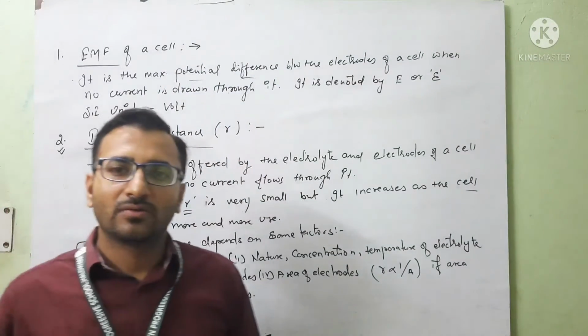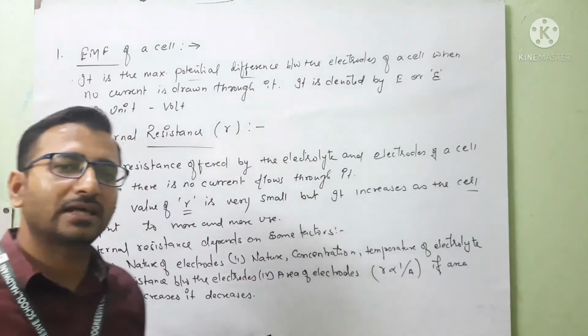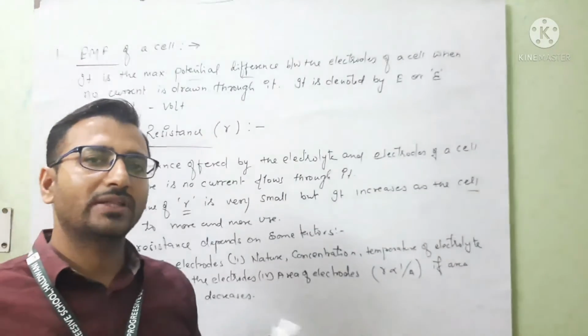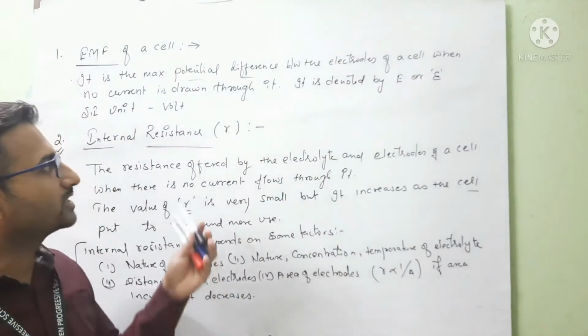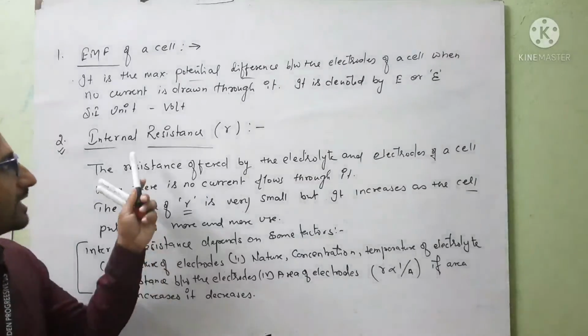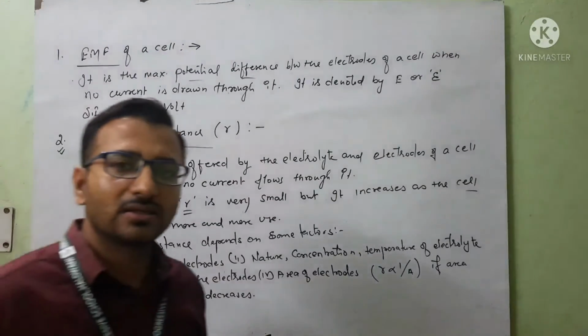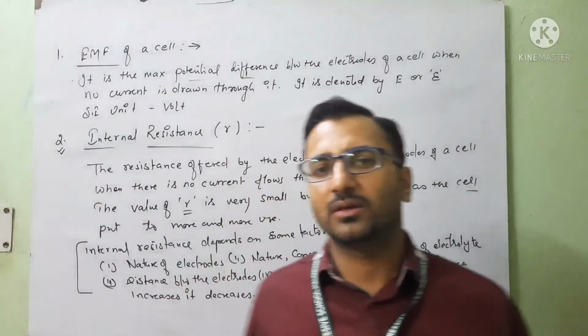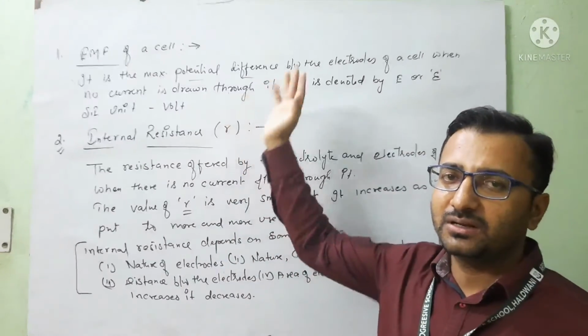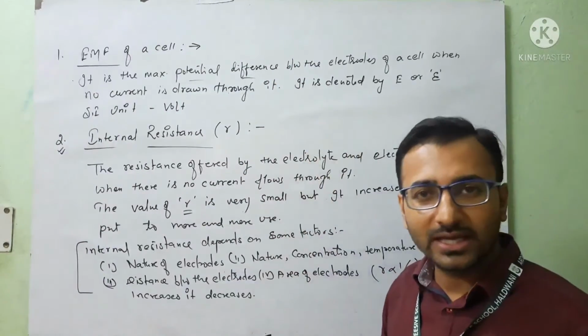But what happens when we connect this cell into a closed circuit, or when the key is closed? Initially, if the circuit is open, the potential difference between the terminals of the electrodes is called EMF.